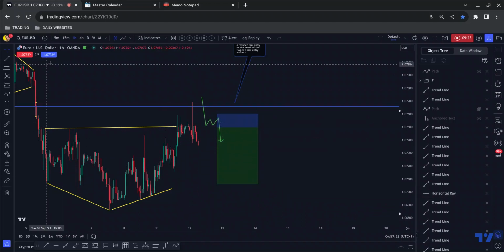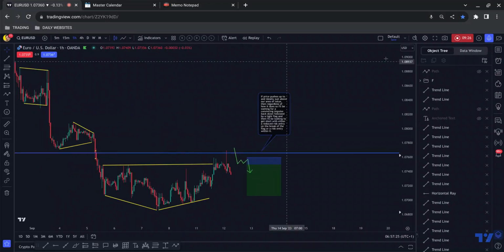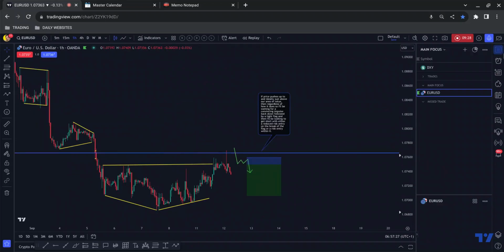And one of the reasons that I'm looking for this is if I just take you to the DXY. For those of you who don't trade the Falcon strategy, you may not use the DXY. Okay, but the DXY, if you don't know, is the inverse of euro dollar.